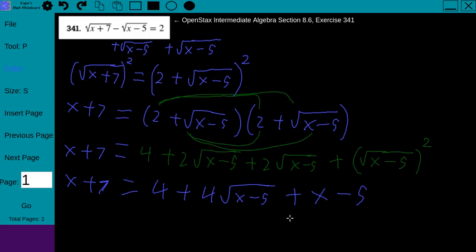Okay, so can we do a little bit of simplification and clean up here?